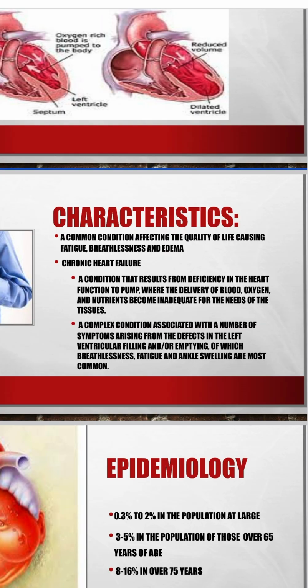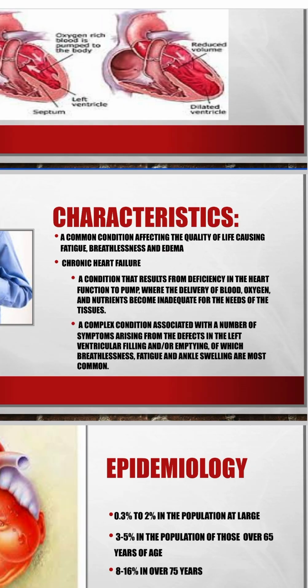When we say chronic heart failure, we are referring to a condition resulting from a deficiency in the heart's function to pump, which means the heart fails to perform its basic function, which is to pump out blood.